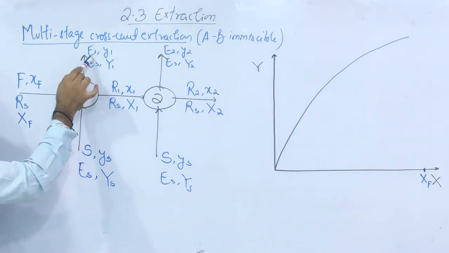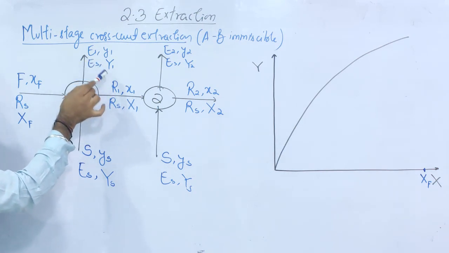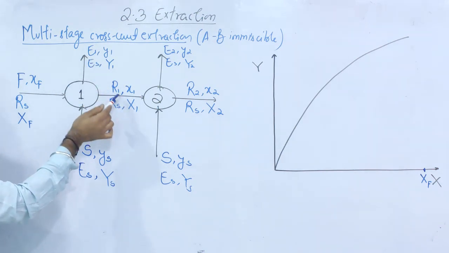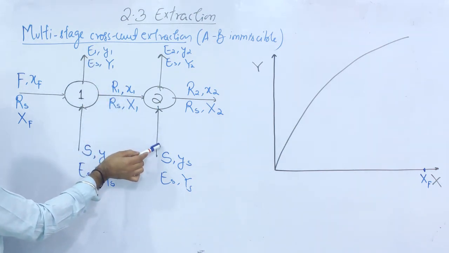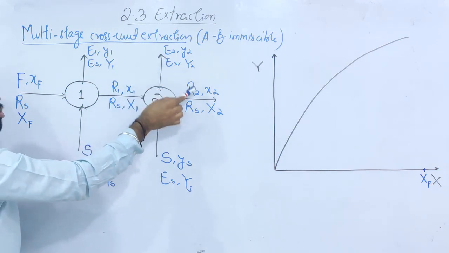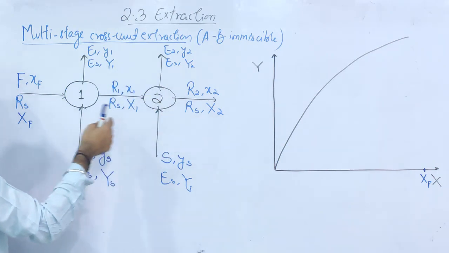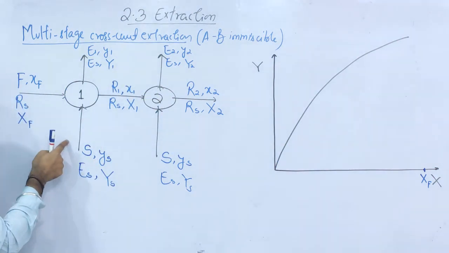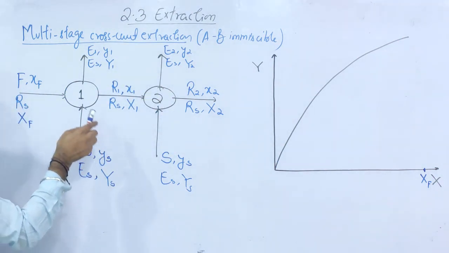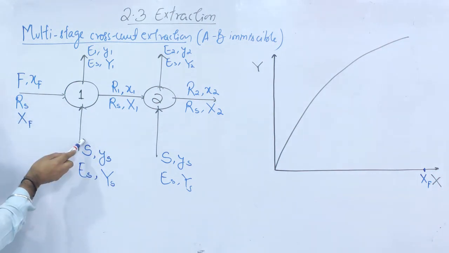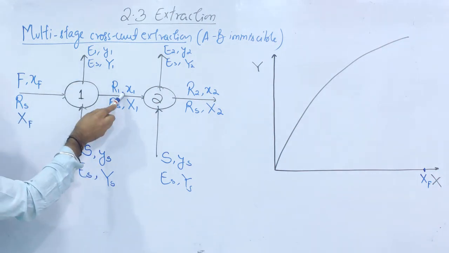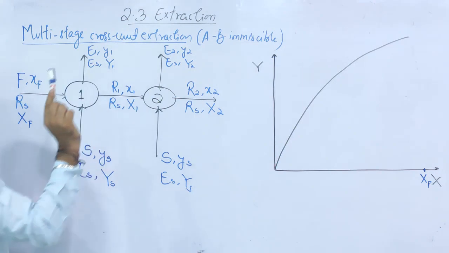So these two must be related by the operating curve. These two are leaving, right? So leaving must be related by equilibrium. Fine. These two operating. Getting my point? These two equilibrium. So leaving streams must be present on the equilibrium. Same side streams must be present on the operating. So again I am telling you, these two must lie on the operating, these two equilibrium, these two operating, these two equilibrium.